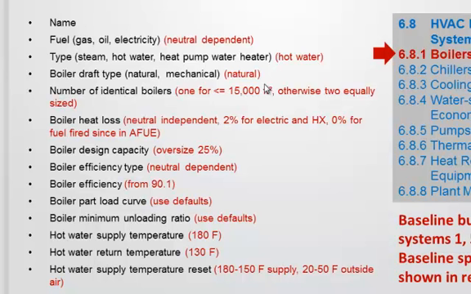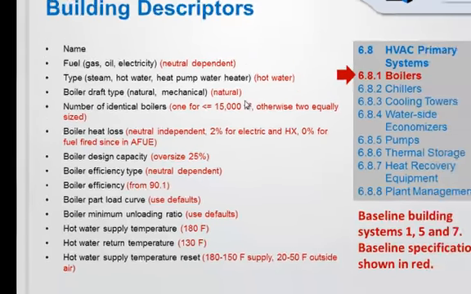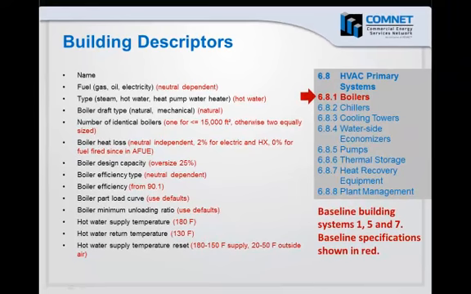The hot water supply temperature is 180 degrees with a return of 130 degrees, but it's reset down to 150 degrees when the outside temperature is 50 degrees or warmer, and there's still a heating load in the building. And as I mentioned, baseline systems 1, 5, and 7 all have boilers.